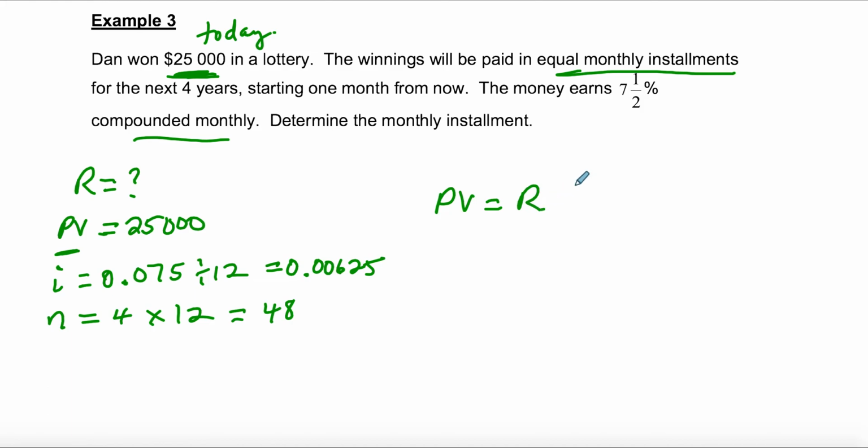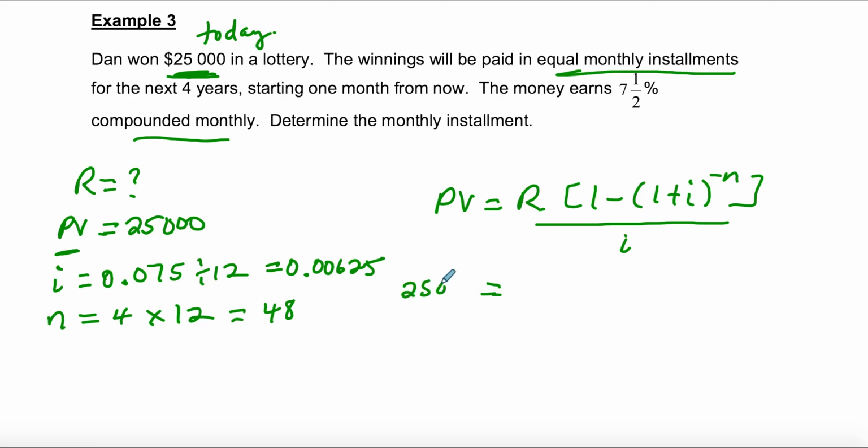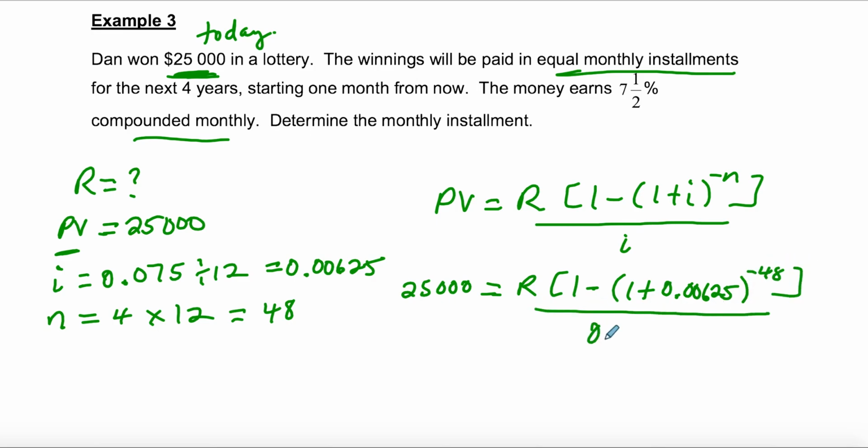I can use the same formula, but I'm going to sub in the present value on the left that I already know, and the R is what I don't know. So you can use the same formula and work backwards. (1 plus 0.00625) to the negative 48. I'm going to be able to work backwards and solve for the R.